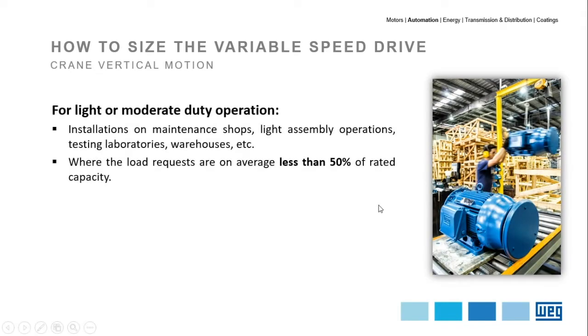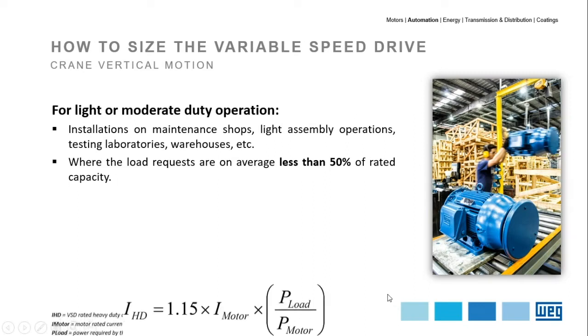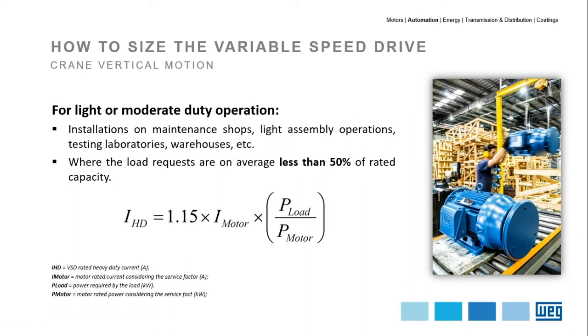For light or moderate duty operation, such as installation on maintenance shops, light assembly operation, testing laboratory, warehouse, etc., especially where the load requests on average less than 50% of rated capacity, the following formula is suggested.